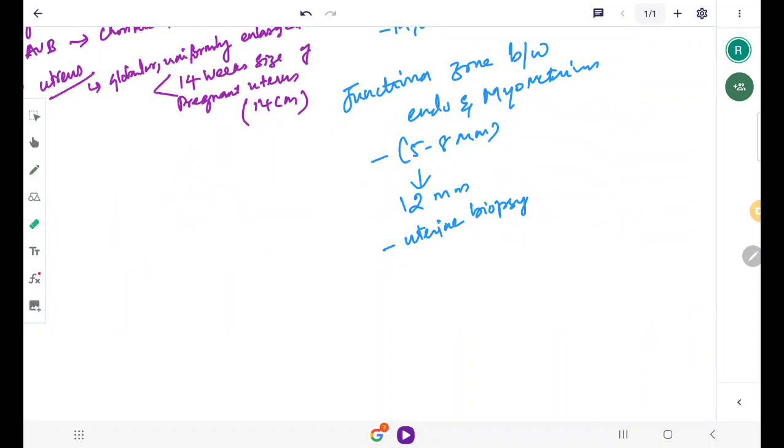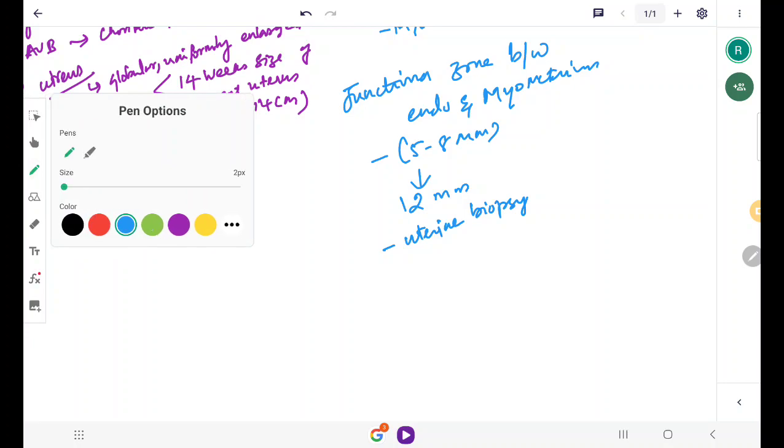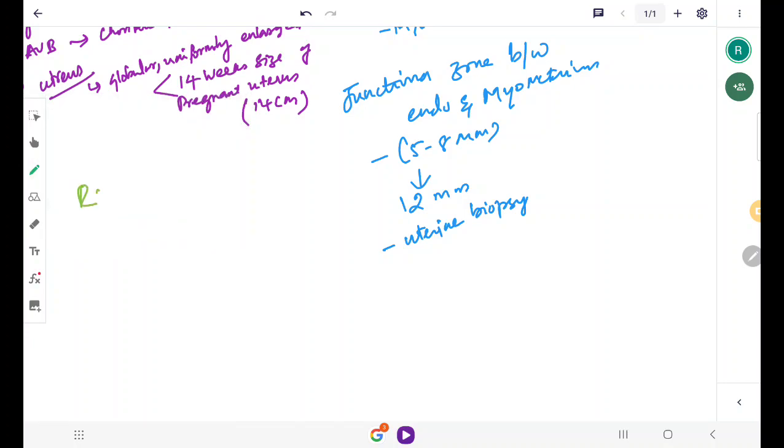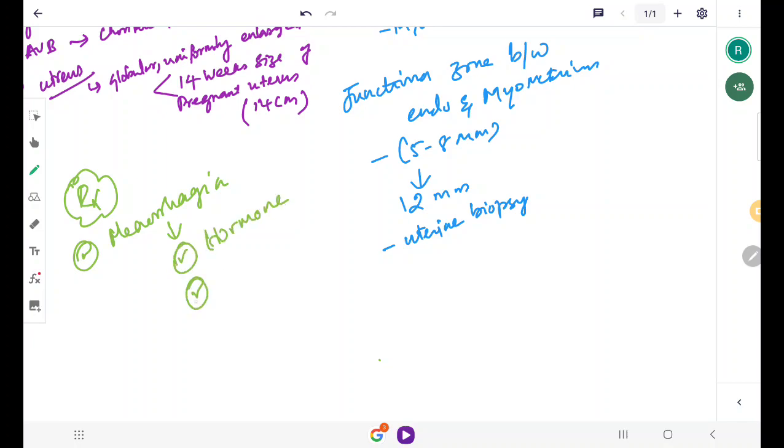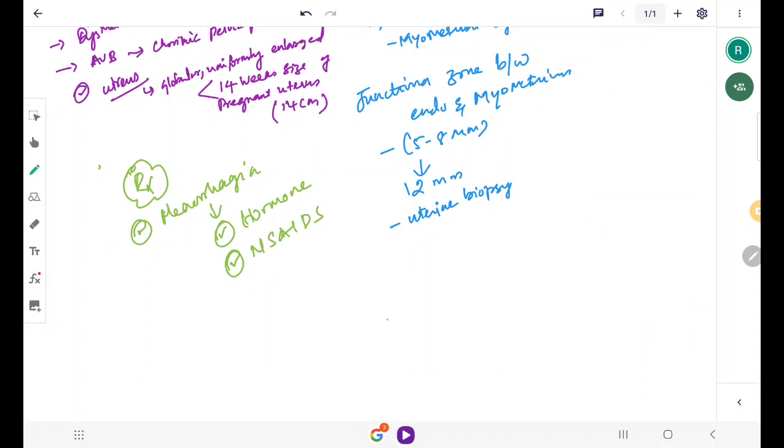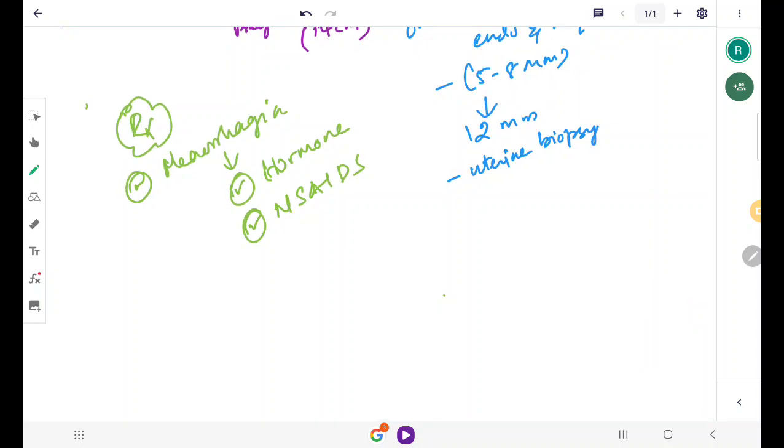And finally coming to the treatment of adenomyosis, for menorrhagia you can give hormone therapy and the NSAIDs such as ibuprofen, mefenamic acid, naproxen for pain.